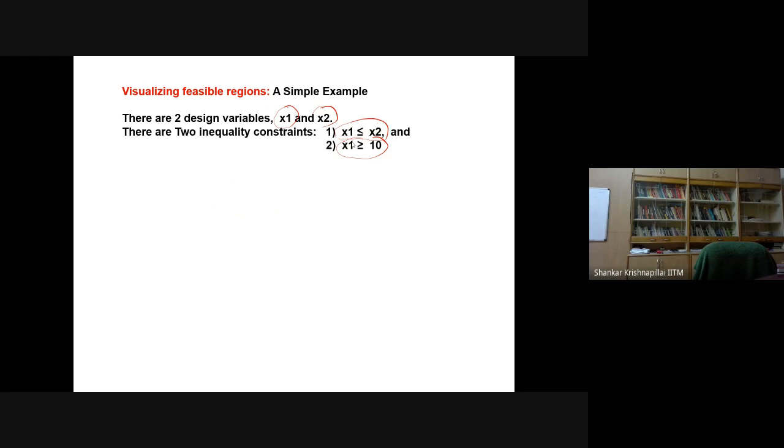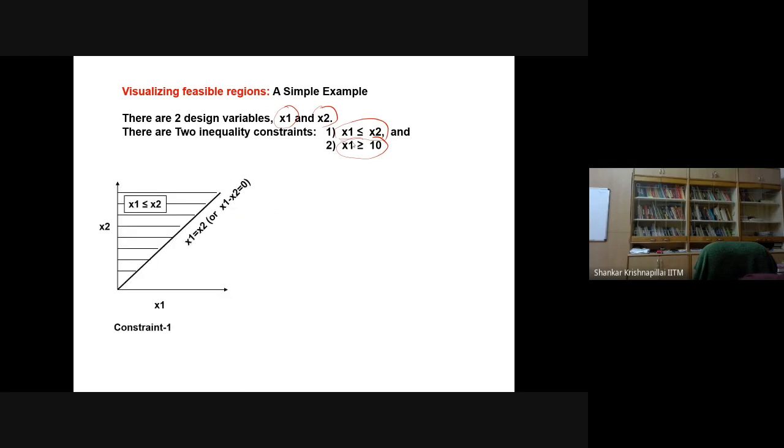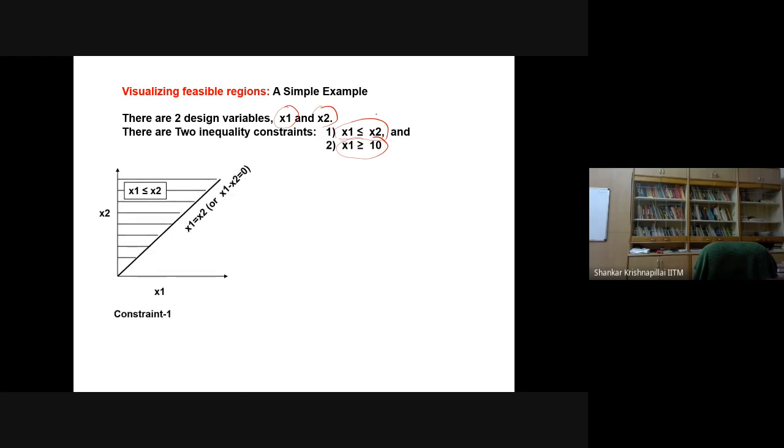So let us plot these two regions. First let us plot this. x1 should be less than or equal to x2, or in other words, x1 minus x2 should be less than or equal to 0. So what we do is we plot this line x1 equal to x2, or x1 minus x2 equal to 0.